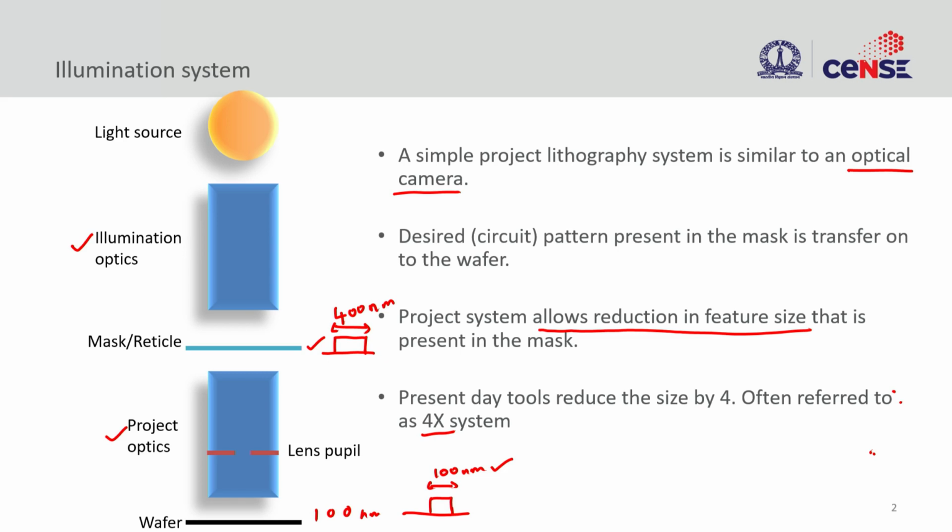This is the shrinking that we can apply. Likewise, the die size on the mask level will be 4x, so all your circuits are going to look larger at the mask level, but when you project them onto the wafer, you are going to shrink them. This is one of the main advantages of using a projection system.